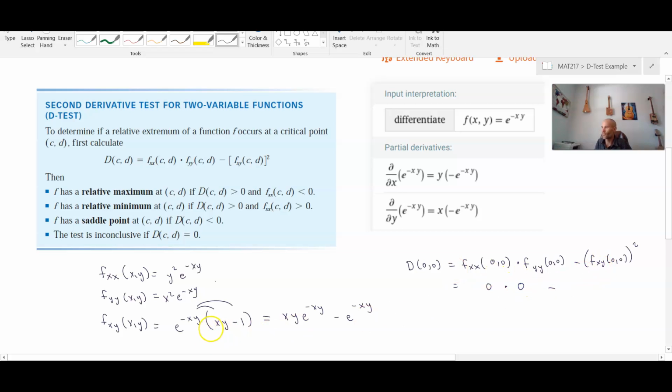And if I plug in 0 for x, 0 for y, I will get e to the 0, which is 1. 0 times 0 is 0. So we have 1 times negative 1, which is negative 1. And that's exactly the same answer we obtained previously, which gave us negative 1. And since that is less than 0, we would say that 0, 0, 1 is a saddle point.